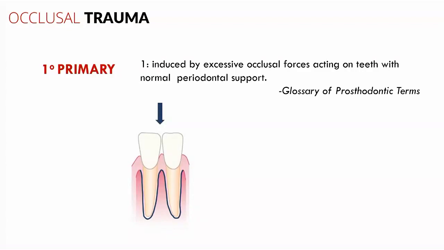Same with the second scenario. If we were to look at their bone and we find all the bone levels are perfect, but all the back teeth are taken away, and the front teeth are now being overloaded, that's another example of primary occlusal trauma.